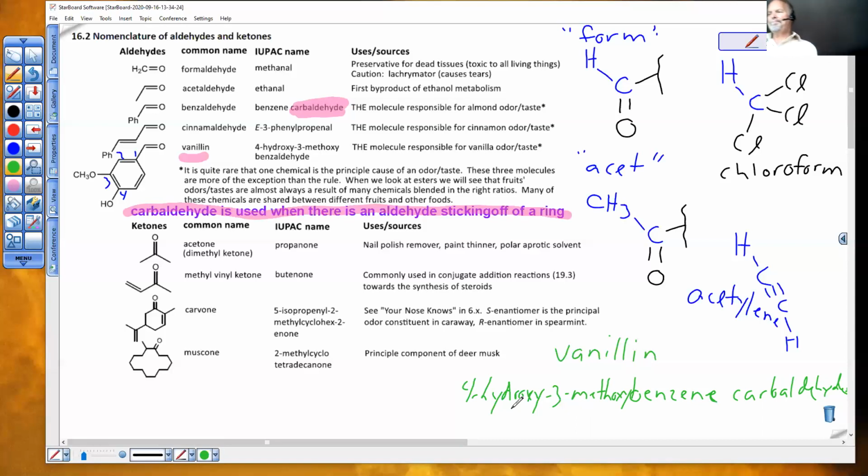Okay, moving on. Oh, cinnamon. Some people like cinnamon better than vanilla. I had some cinnamaldehyde on my French toast this morning. And what is that? It's got a phenyl and then a vinyl and then an aldehyde if you look at it. And the naming here, the IUPAC, if we needed to do the numbering, propenal is right here.